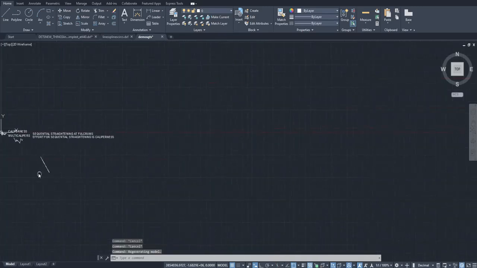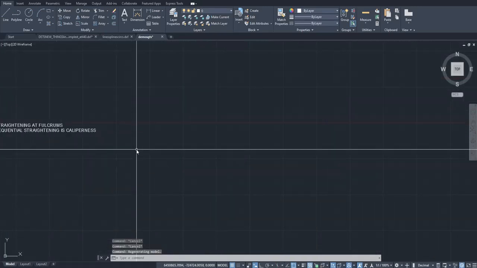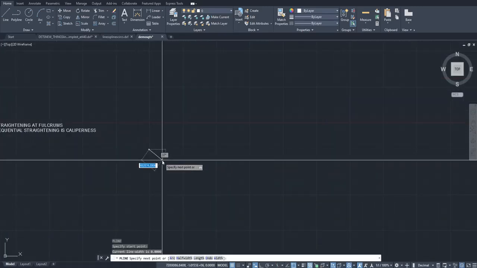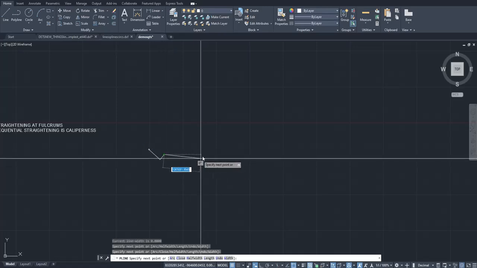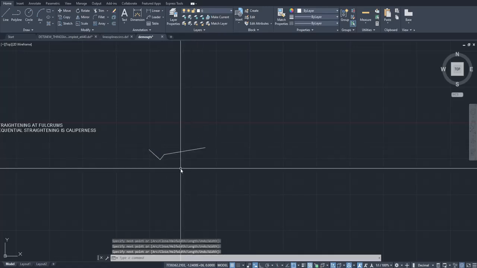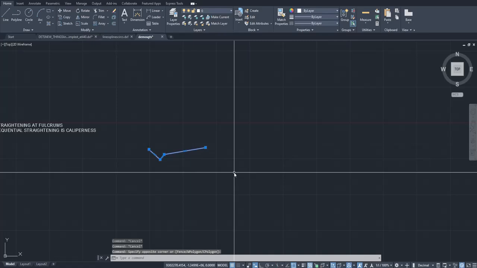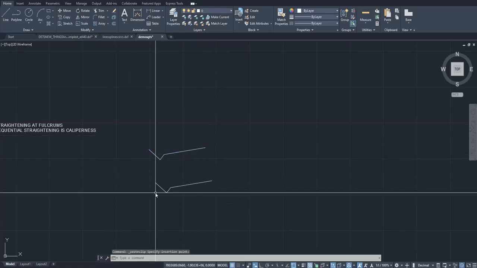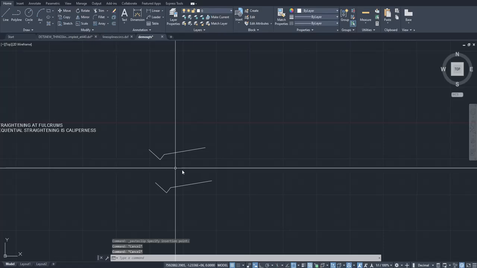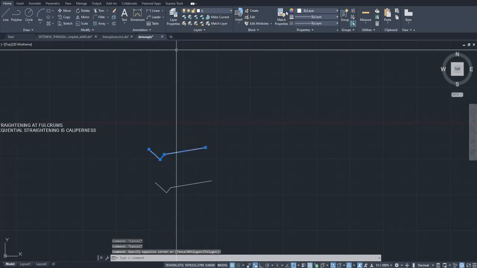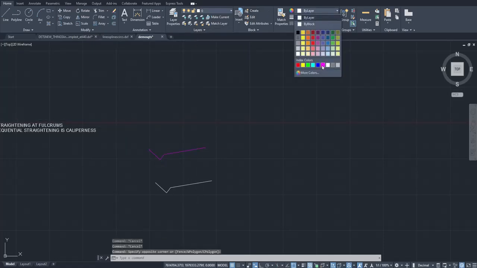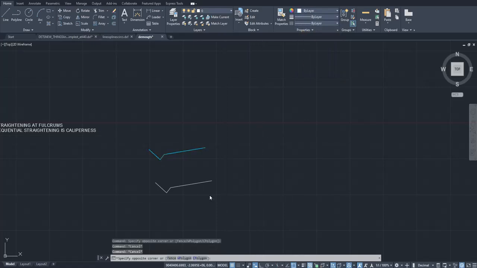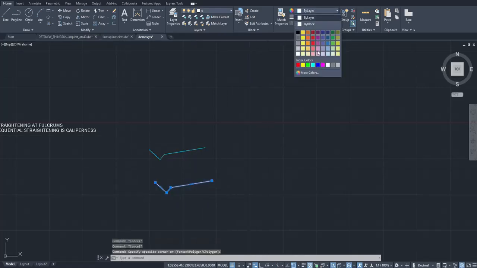Suppose now I am talking about two different multi-calipers. This is one multi-caliper and this is another multi-caliper, which is the exact copy of the first. Suppose this is a red multi-caliper, a cyan multi-caliper, and this one is a green multi-caliper.